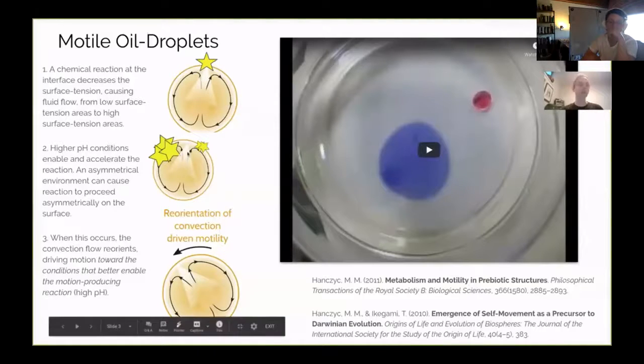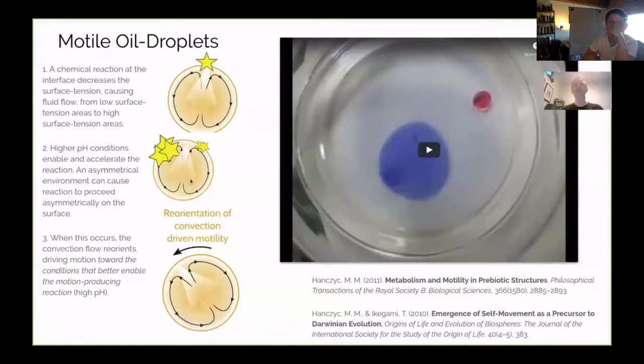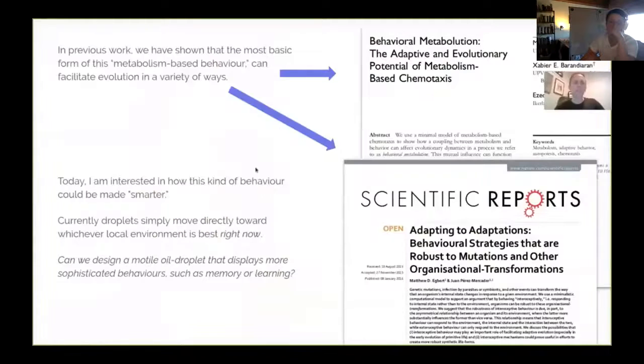The flow orients towards whichever local area of the environment is facilitating the reaction to occur more quickly. In previous work, we've shown that this kind of behavior, what we've called metabolism-based behavior, can facilitate evolution in a wide variety of ways. I've written a few papers on that, and sadly I don't have time to cover those various evolutionary benefits of this kind of behavior.